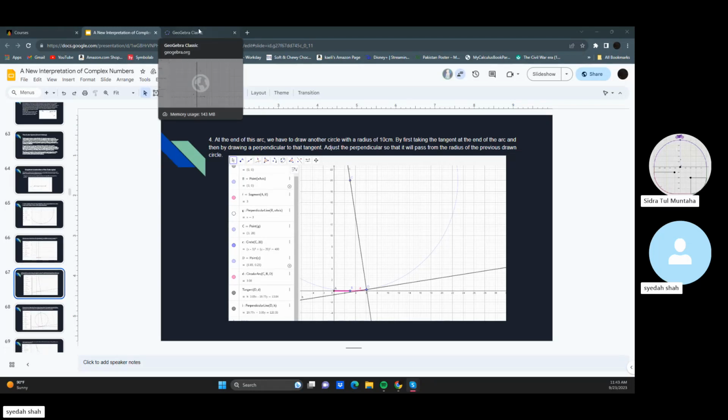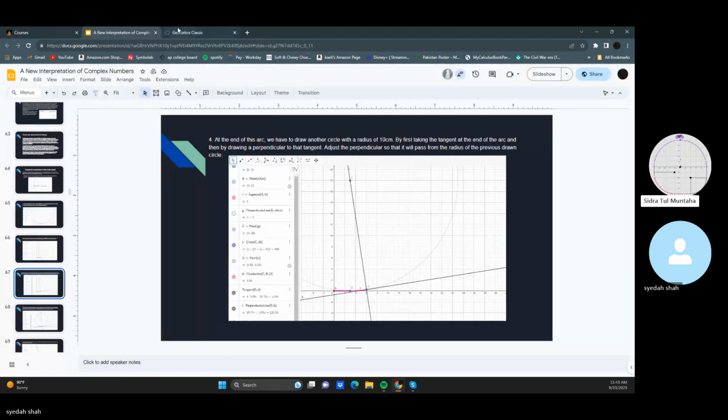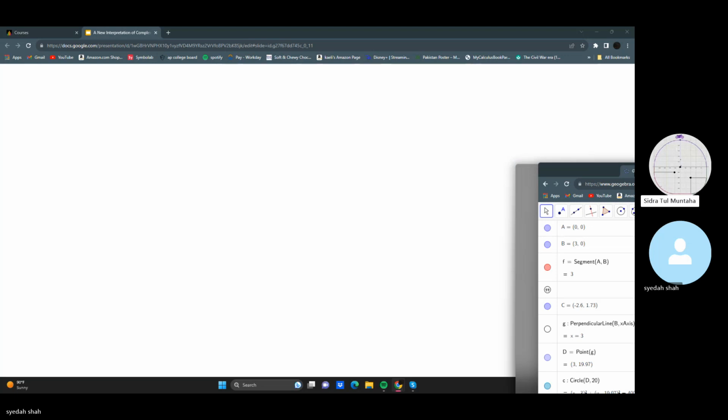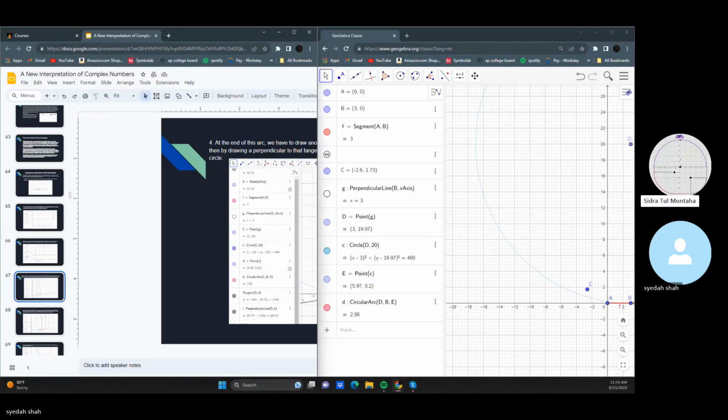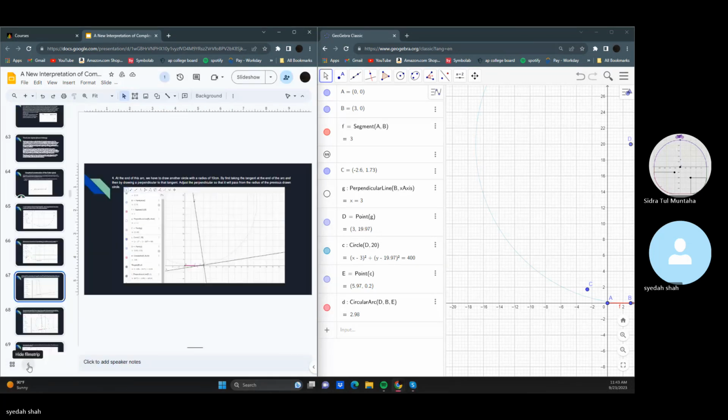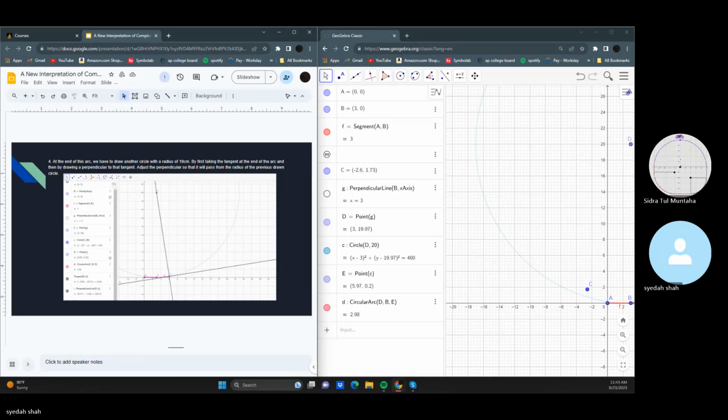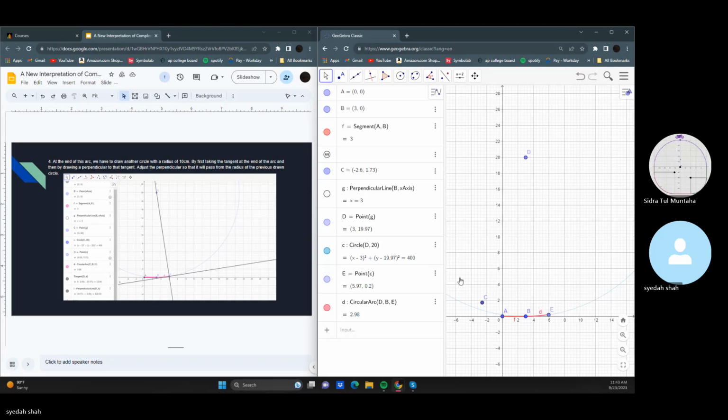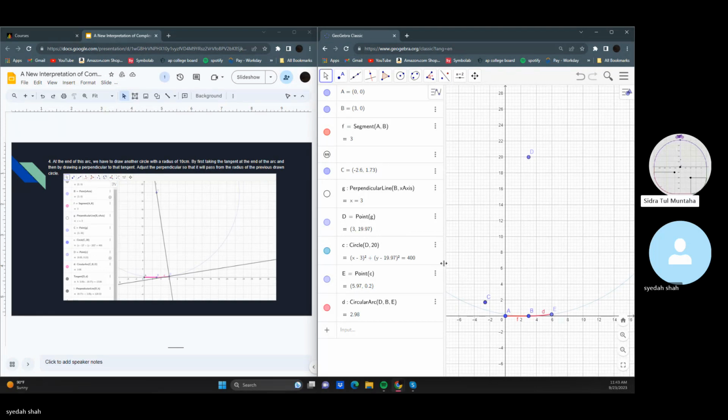Okay, I should change this line. I should write here, when we do this, we should first take the tangent at the end of the arc, and then draw a perpendicular to that tangent.